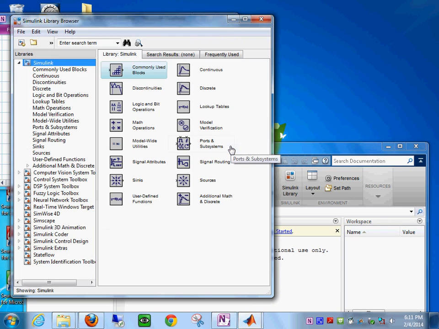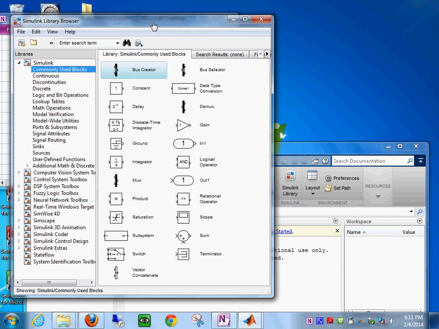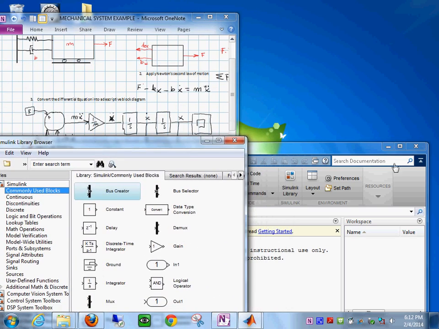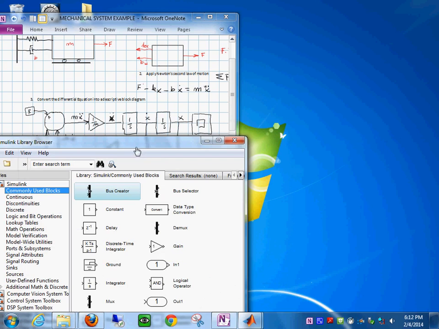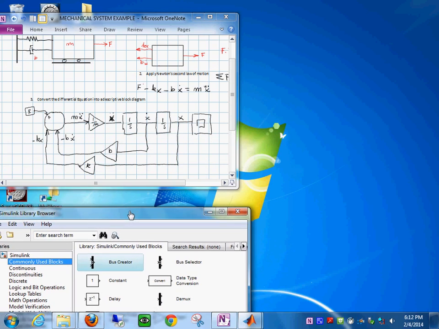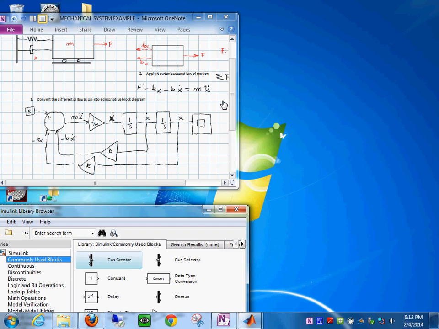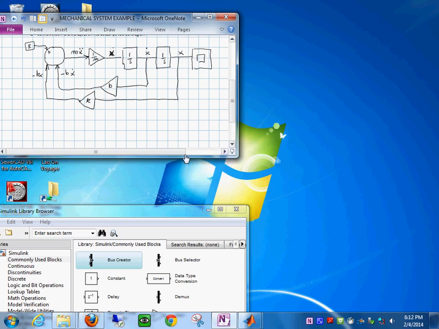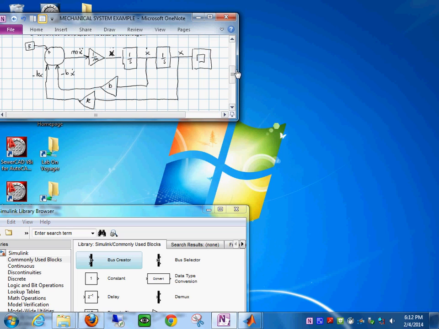But there you go, and here we go, commonly used blocks. That's what I would suggest that we do. We can move this one, and here we can reduce it a little more, because that's all we need. You basically need this.